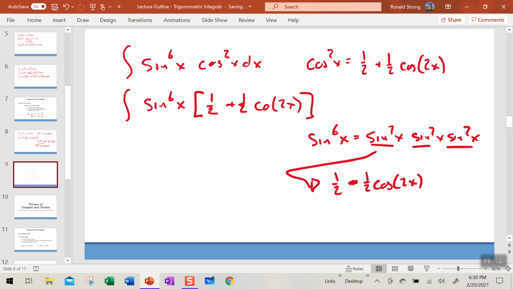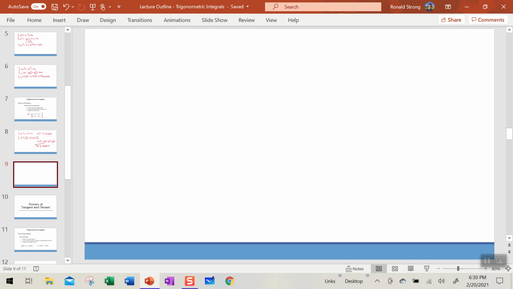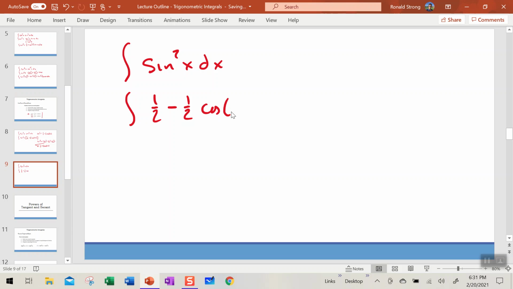A little bit simpler case is when you only have sine or cosine. So let's say we have the integral of sine squared x dx. Keep this one kind of simple. Well, we're simply going to replace that with 1/2 minus 1/2 cosine 2x dx. What if we had the integral of cosine to the 4th x dx?